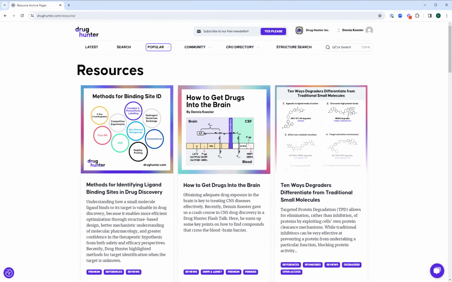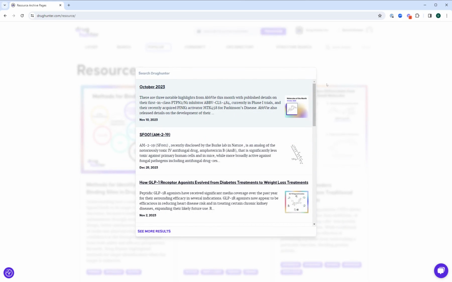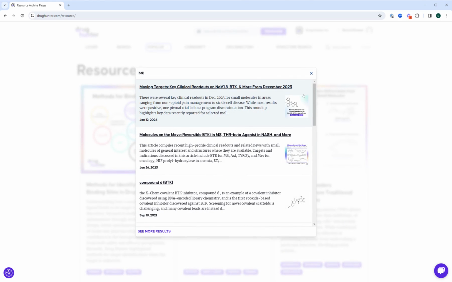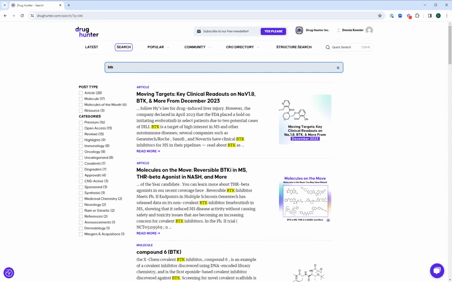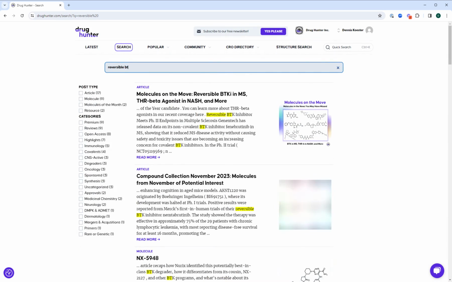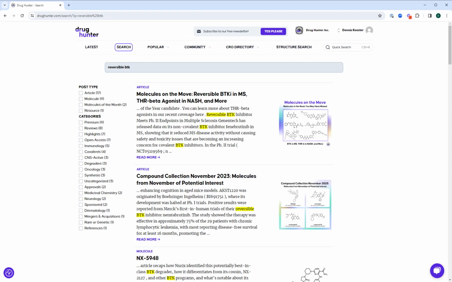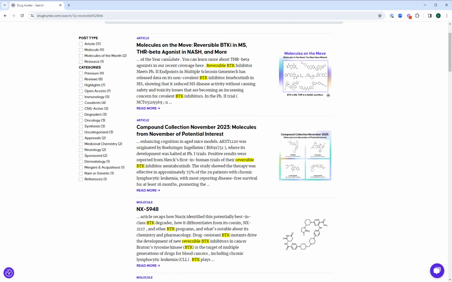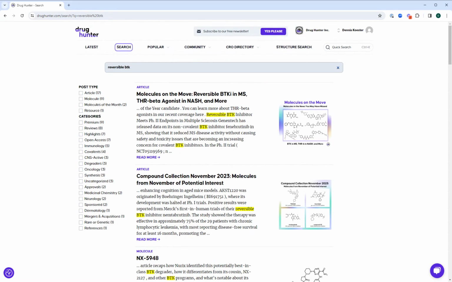If you're interested in a specific topic, we also have a very nice dynamic search function. For example, you can use this to search for targets such as BTK. If you remember, you were looking for a reversible BTK inhibitor, you can use that, and as I type, it dynamically updates the search.